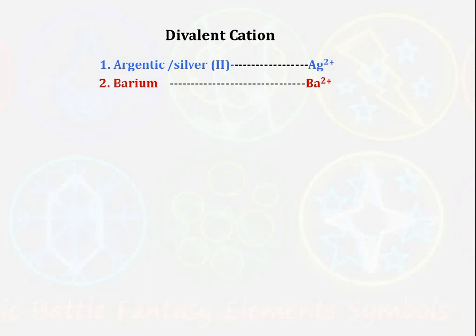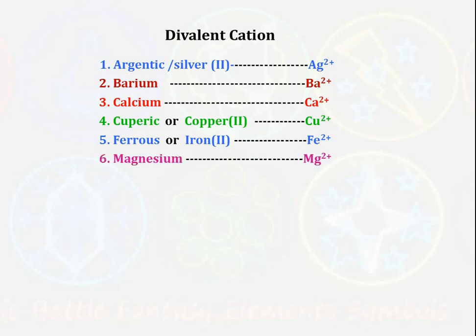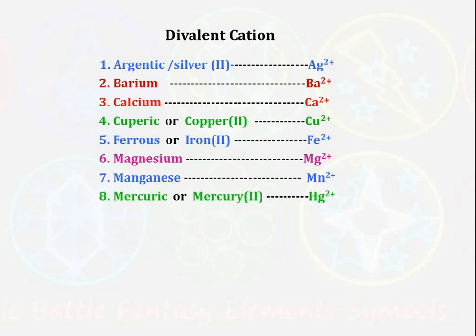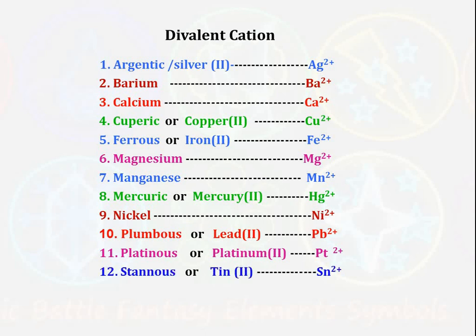Here: silver Ag2 positive, Ba2 positive, calcium Ca2 positive, copper 2 or cupric Cu2 positive, ferrous Fe2 positive, magnesium Mg2 positive, manganese Mn2 positive, mercury 2 or mercuric Hg2 positive, nickel 2 positive, plumbous or lead 2 Pb2 positive, platinum 2 positive, stannous or tin 2 Sn2 positive, zinc Zn2 positive.